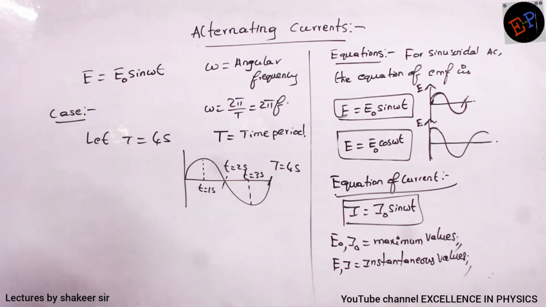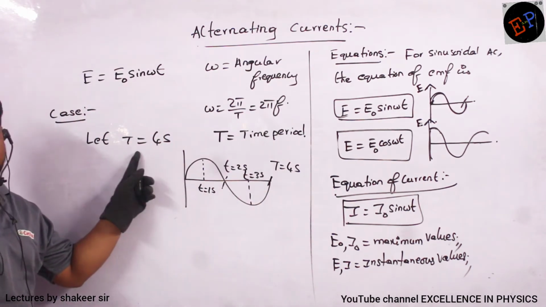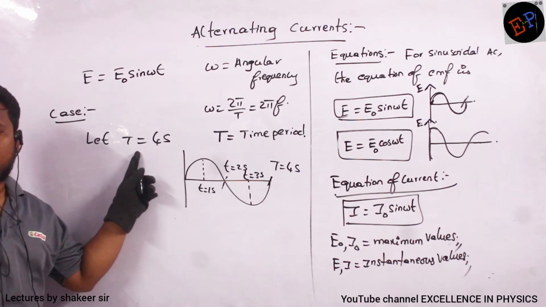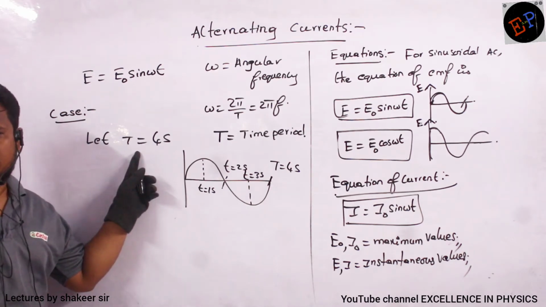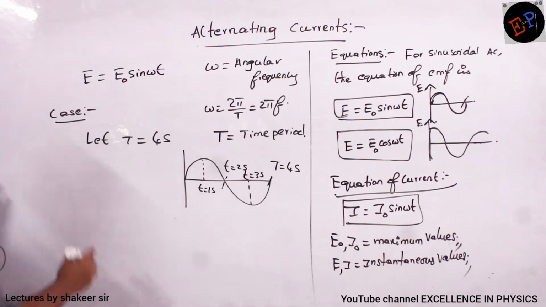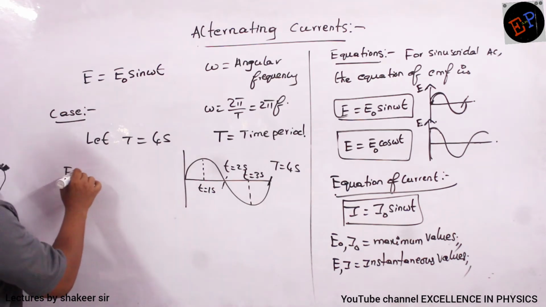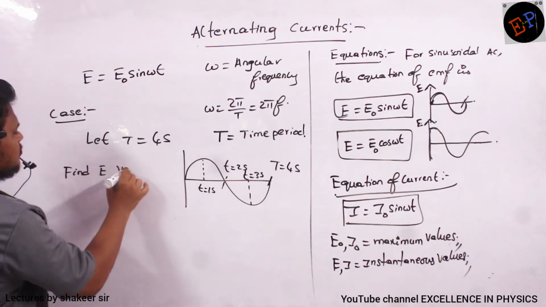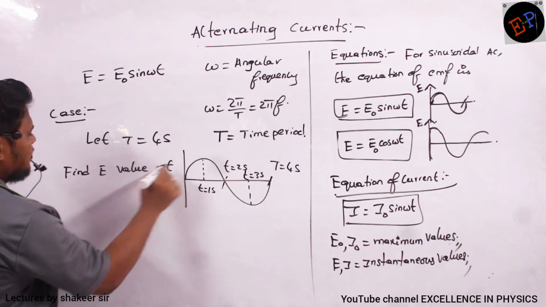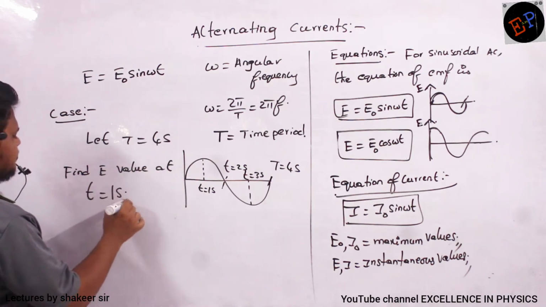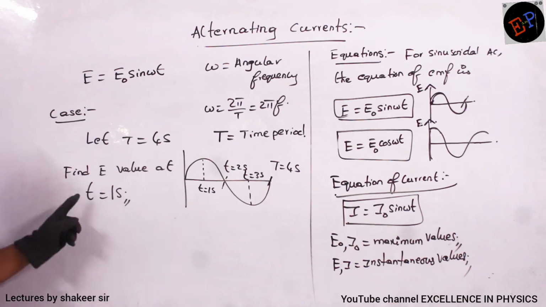Are you able to understand? So I am taking time period is how much? 4 seconds. That is time taken to complete one oscillation. I will call it as 4 seconds. Now I want to find E value at t is equal to 1 second. Okay, ma? What is meant by small t?